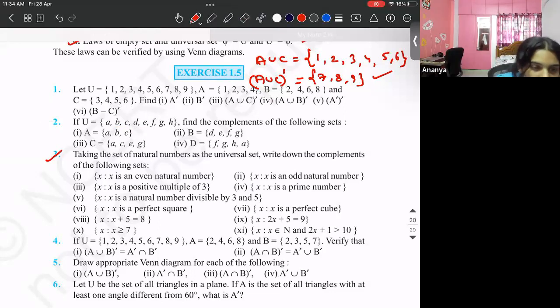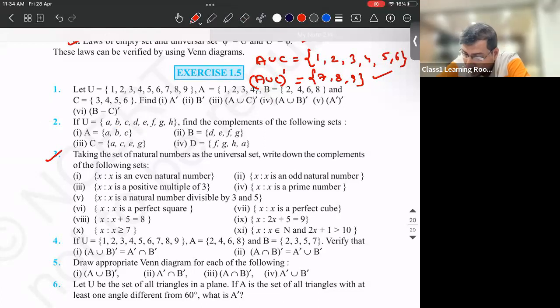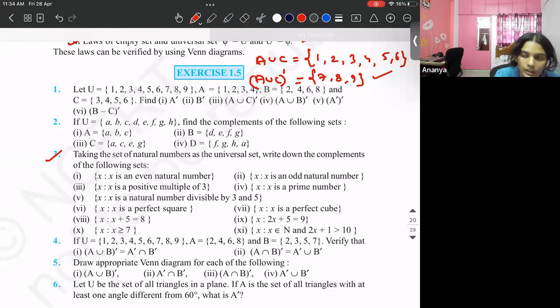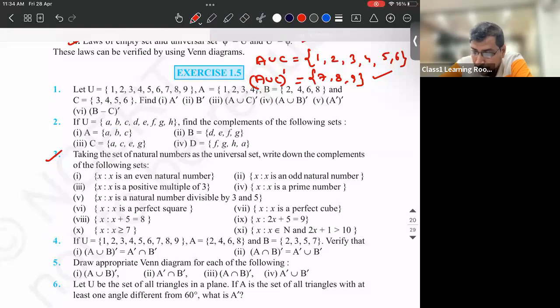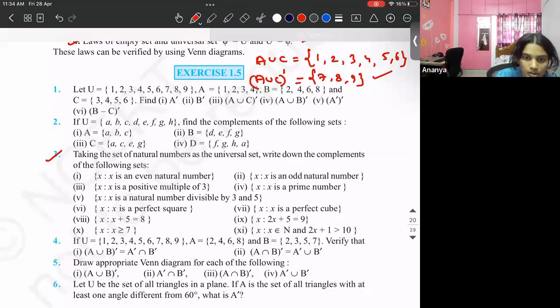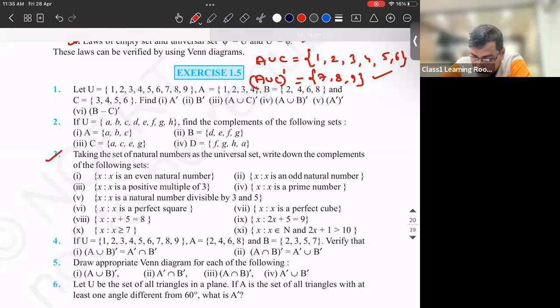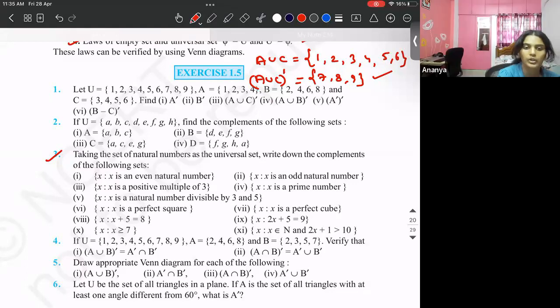First one's complement is all. So X is an even natural number. It will be odd natural numbers. Yes, it will be odd natural numbers. For second one, even natural numbers. Third one, X is a positive multiple of 3. It's not a multiple of 3.